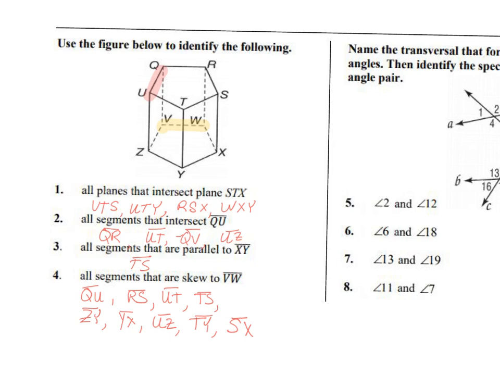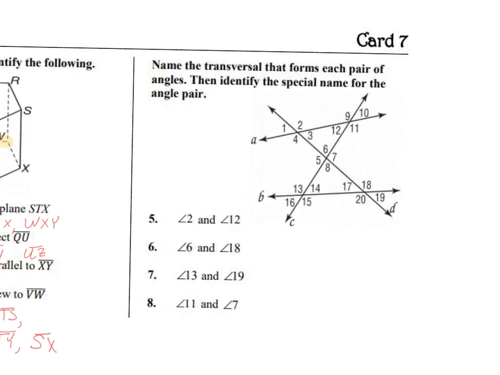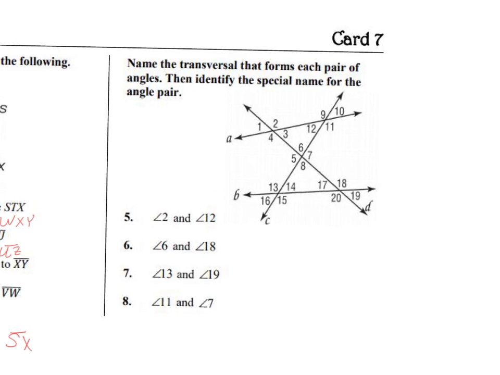And let's go ahead and look at the second part of card 7, which asks us to be able to identify the transversal and then also name the special angle for the pair. So we're looking for this one here. We're looking at angle 2 and angle 12.